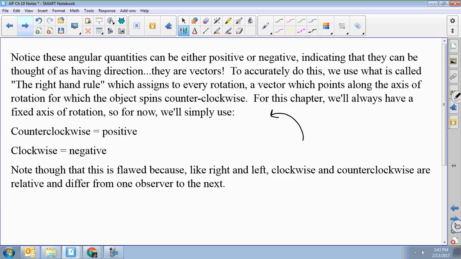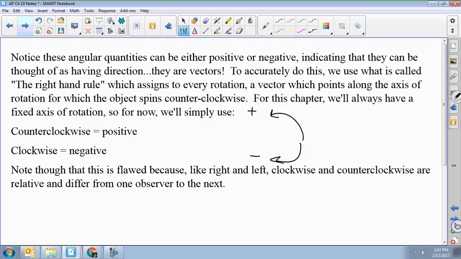It's going to come up again when we do torque. But in this chapter, it's not going to be an issue because everything we're doing has a fixed axis of rotation. So there's really no reason why you can't just use counterclockwise as positive and clockwise as negative. That'll totally work for everything we're going to do. If you rotate this way, it's positive.